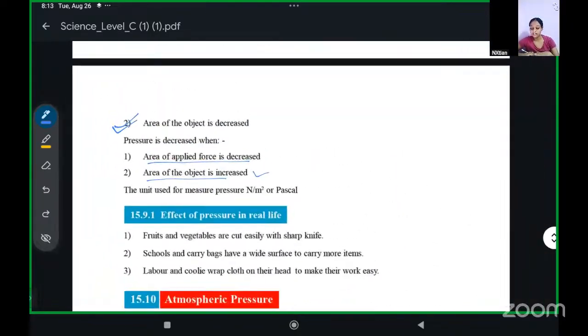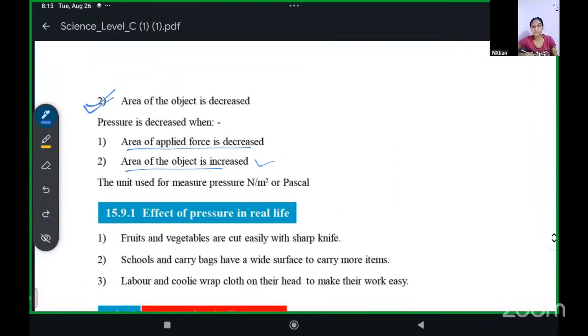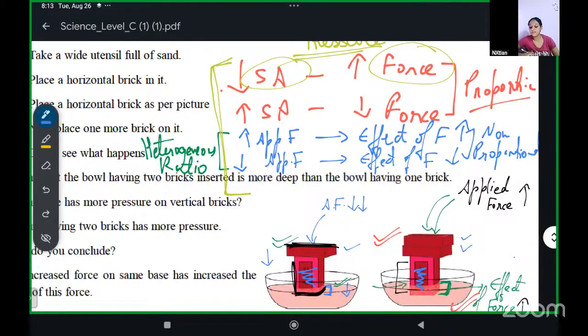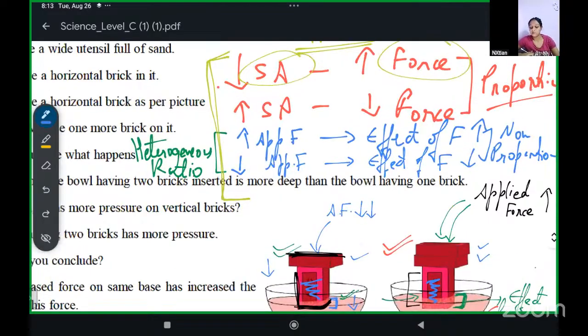Ma'am, can you just explain the direct ratio again? Yes. The more the applied force, or when the applied force is increased, the effect of force also increases.